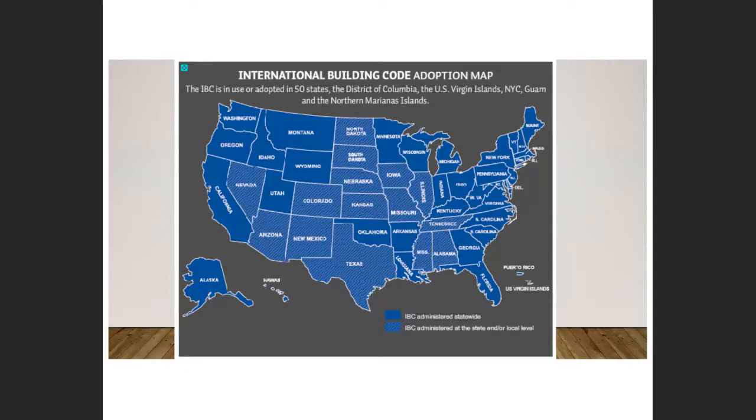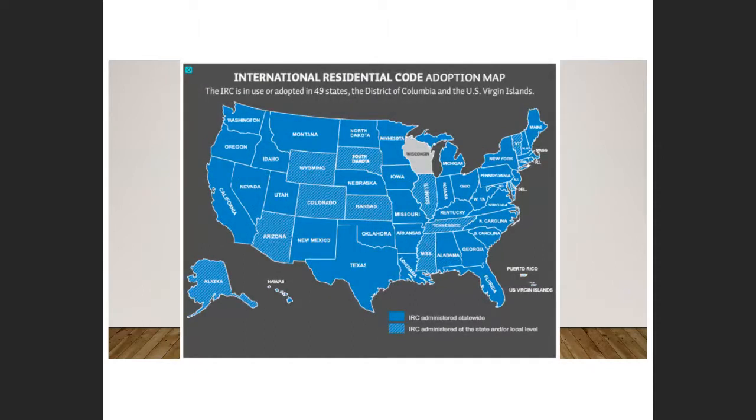So there might be slight differences from jurisdiction to jurisdiction. So again, IBC in the state of Illinois is administered at the local level, and the same is true for the IRC, the International Residential Code. Again, in the state of Illinois, it's administered at the local level.